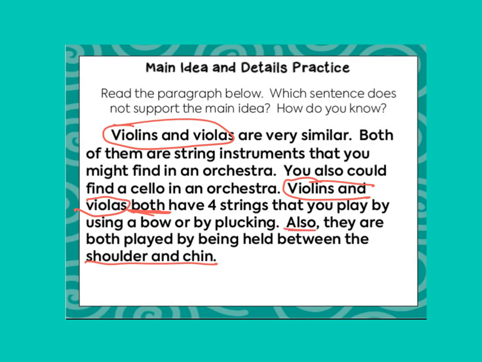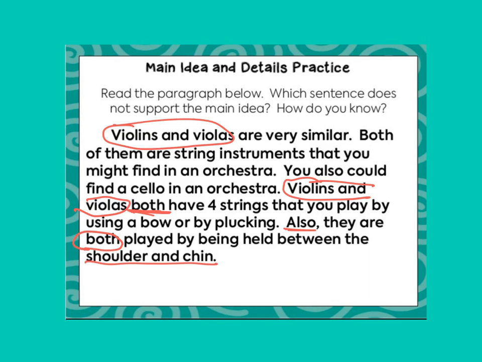And then it says also they are both played by being held between the shoulder and chin. So this paragraph is mostly about violins and violas and how they are similar and also maybe how they are different. But there's a sentence in here that does not fit.